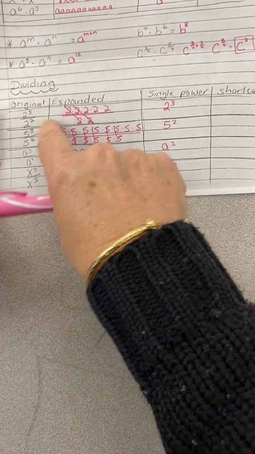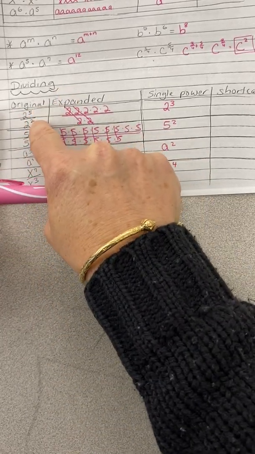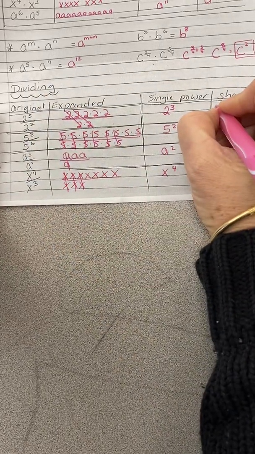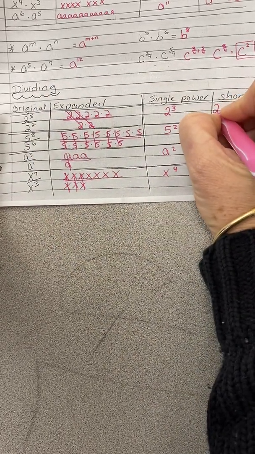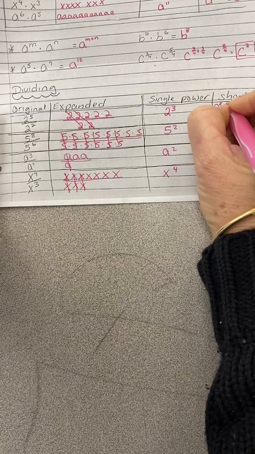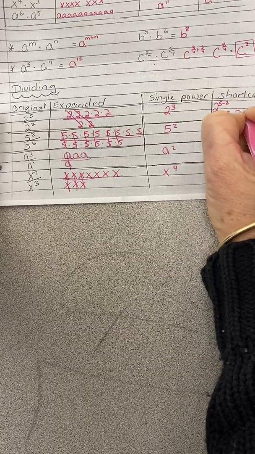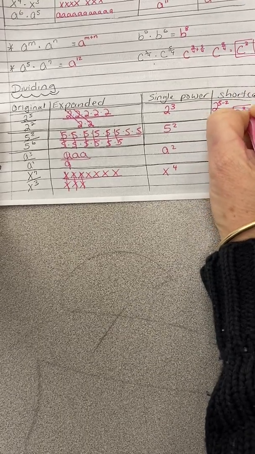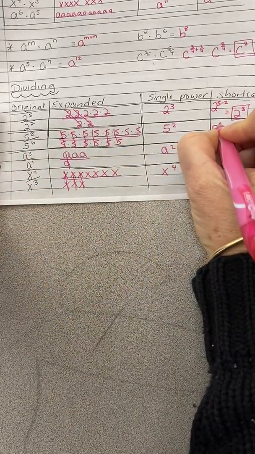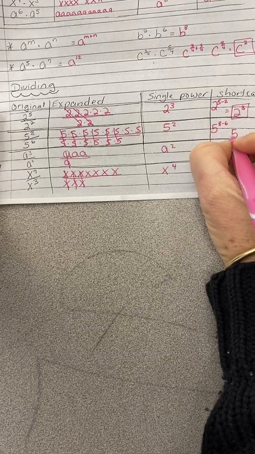So you just subtracted, right? The top exponent minus the second exponent. So if we had to write this out in a shortcut, you would say 5 minus 2, and so you got 2 to the 3rd. Here, 8 minus 6, and you got 5 squared.